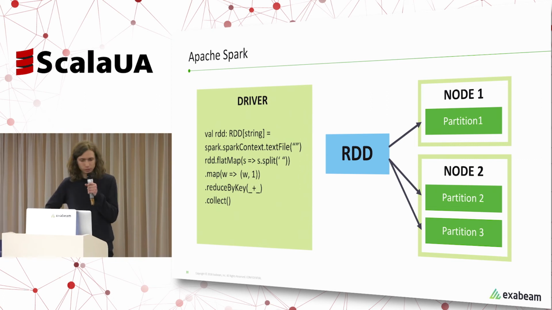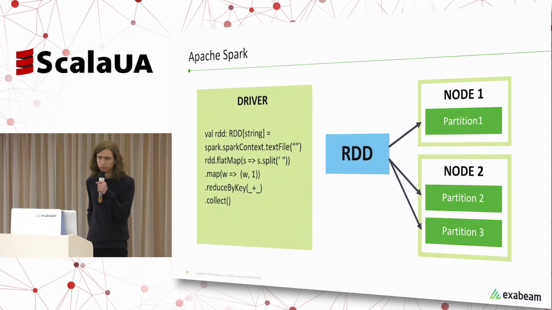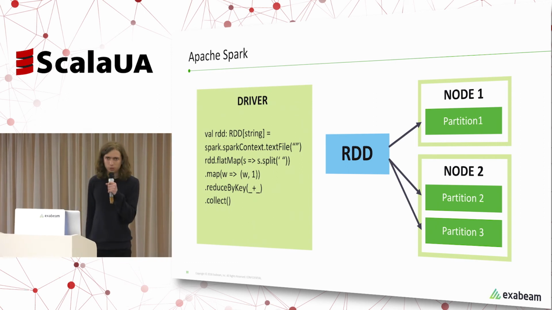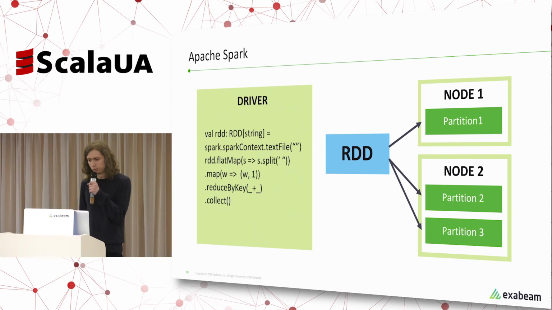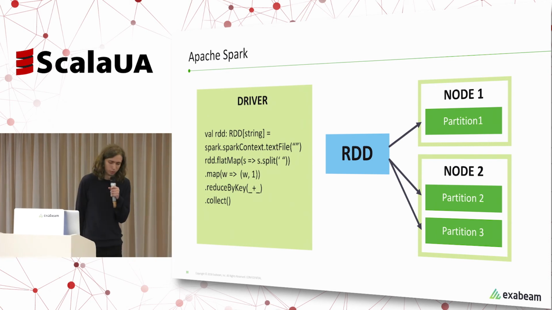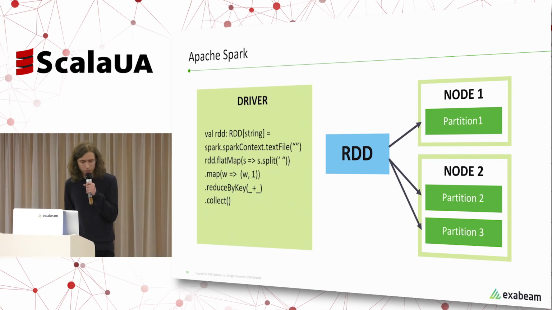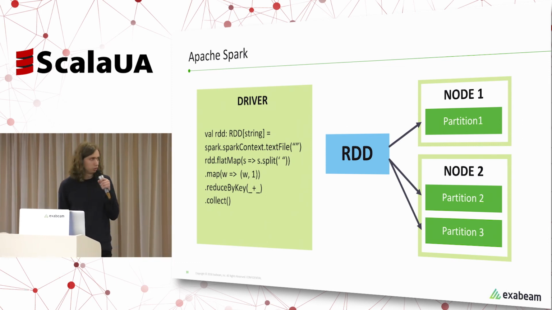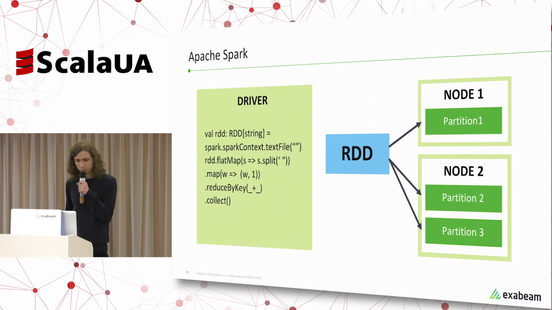All newer abstractions like data frames or datasets are built on top of it. The driver program is simply a process which executes our main function and is responsible for Spark context initialization, but all computations applied on an RDD are executed on worker nodes, of course in parallel.